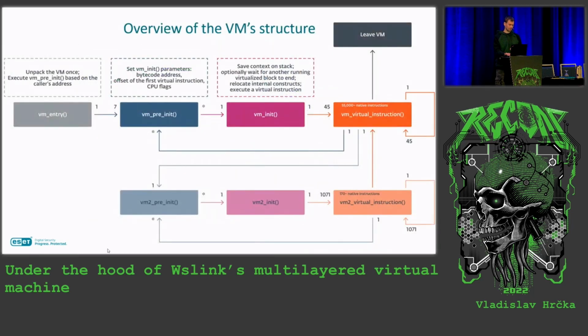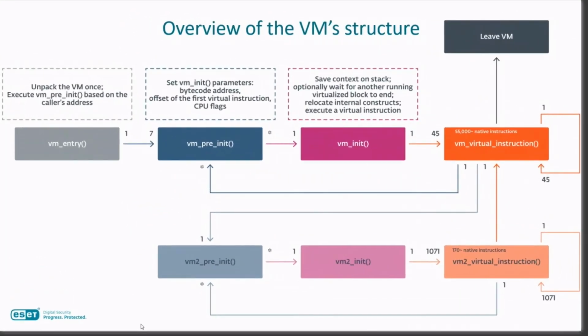So let's look at the VM entry. We analyzed all these components, and we needed to remove the junk code and analyze it using symbolic execution to know what happens.